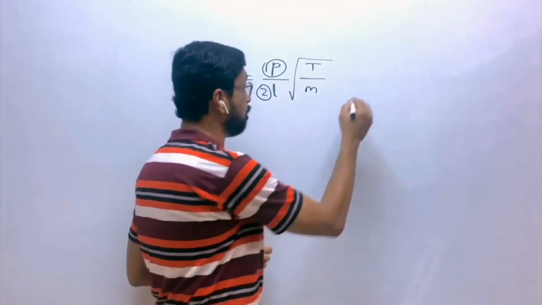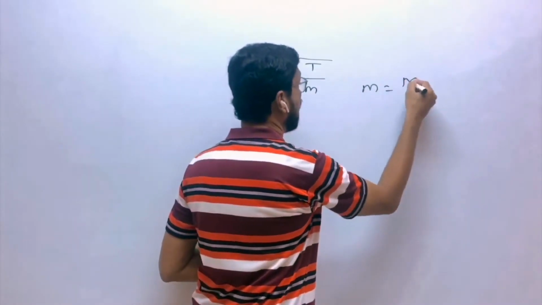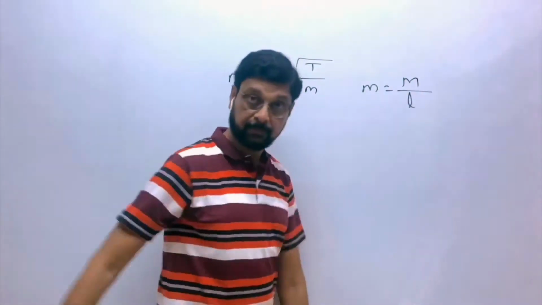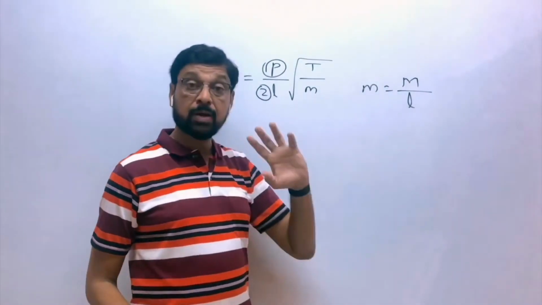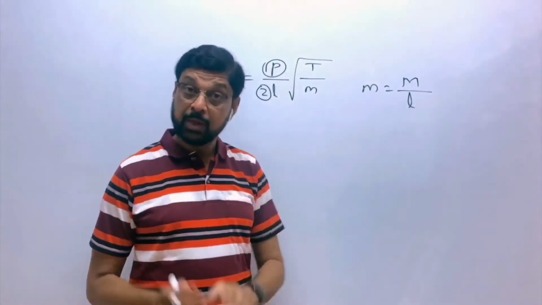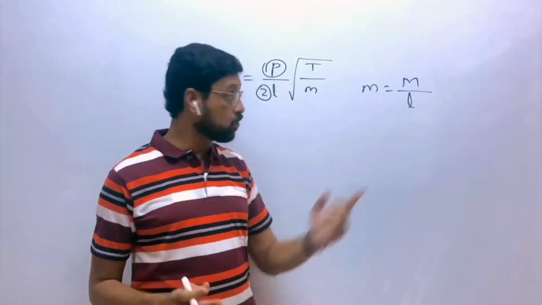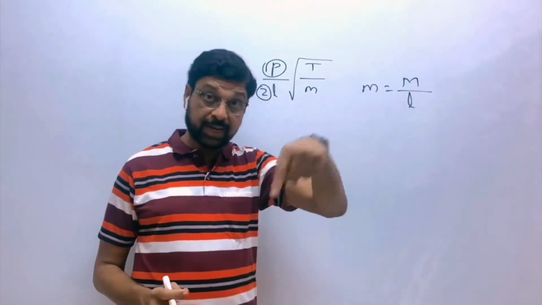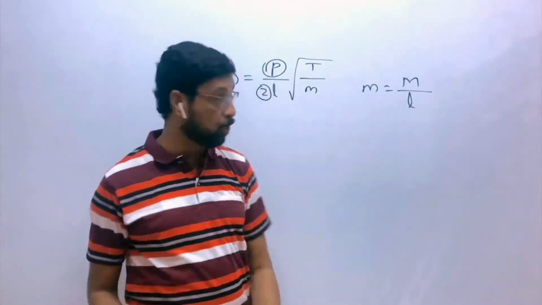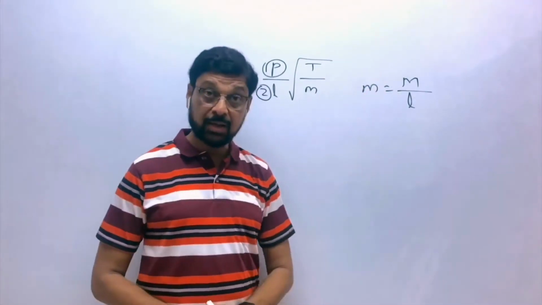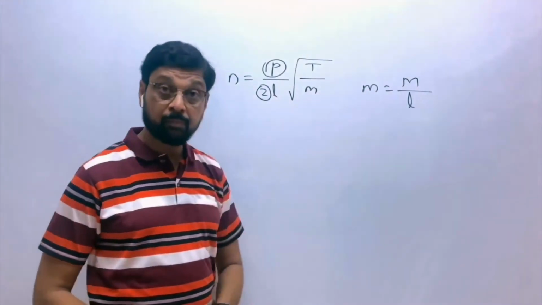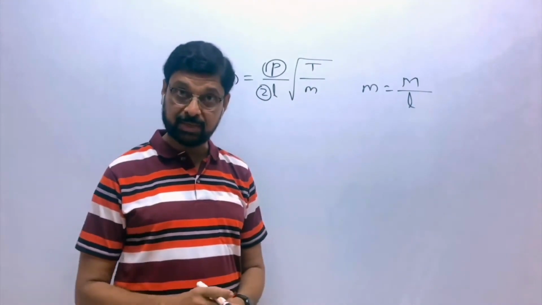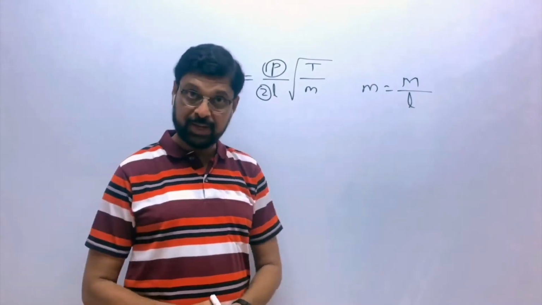Because small m is mass per unit length, linear density of the string. ये small m कब change होगा? If you change the string, क्योंकि small m is property of that string. अगर आप string change करते हो तो mass per unit length क्या होगा? Change होगा. So this L, T and m, these are independent variables.